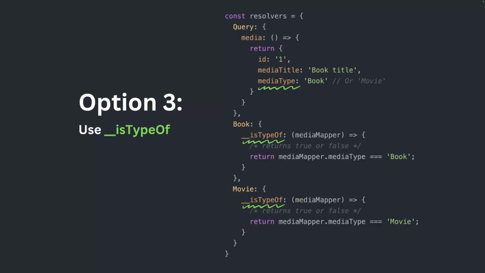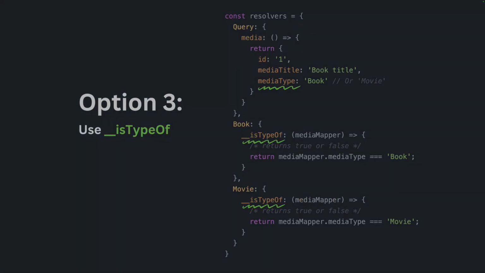And instead of mapping to a string, we return true or false based on which type the meta resolver is attached to. Similar to option 2, this is a very contrived example, so mediaType can be directly used to compare against the implementing type names. However, in a real example, you may have to compare an int or a differently formatted string.